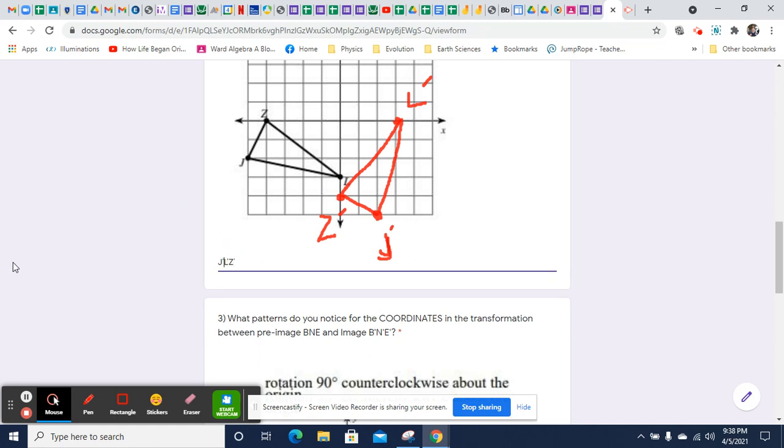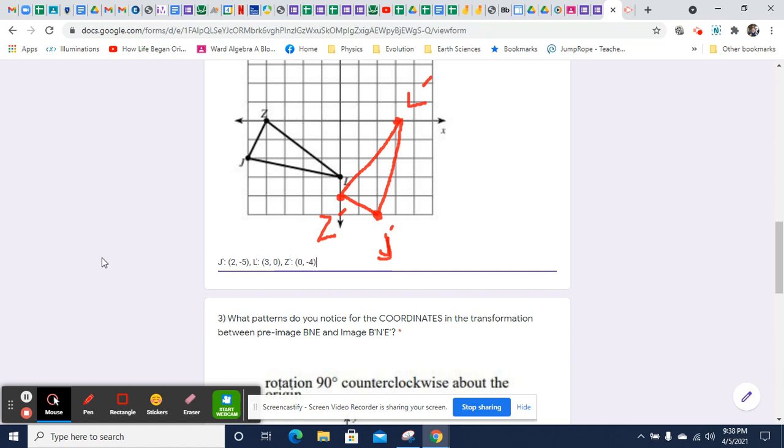J prime is going to be 2, negative 5. And then L prime is going to be 3, 0. And then Z prime is going to be 0, negative 4.